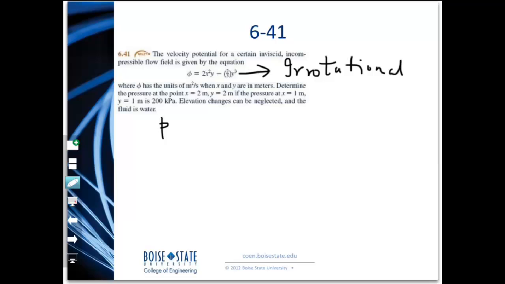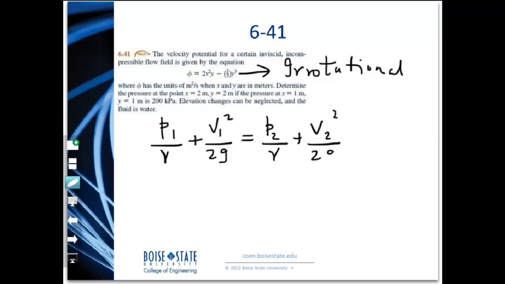If the elevation changes are neglected, P1 over gamma plus V1 square over 2g will be equal to P2 over gamma plus V2 square over 2g. So at this point, we know P1, we have to find P2, but do we really know these guys?